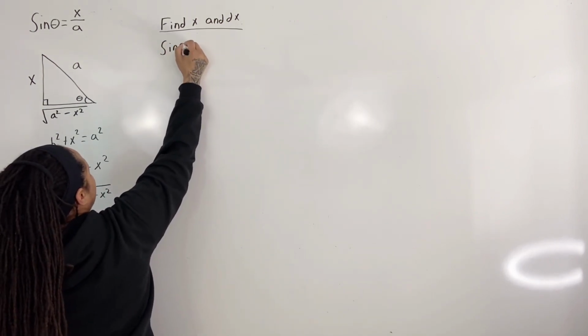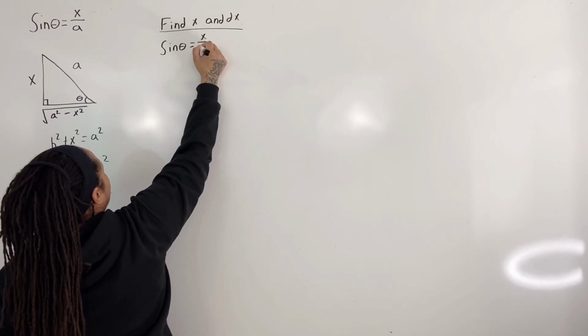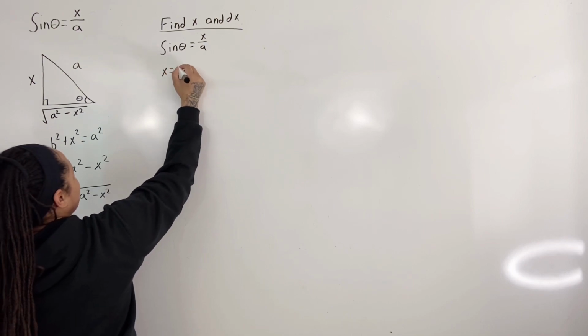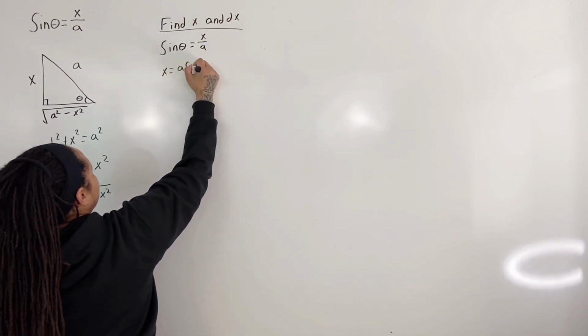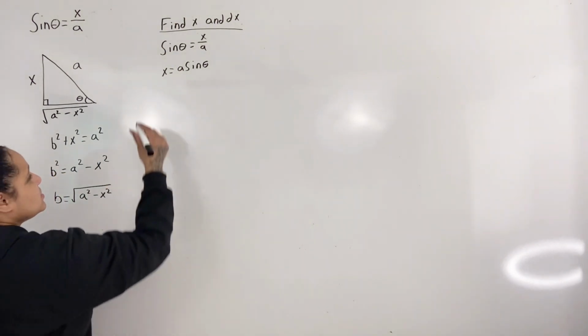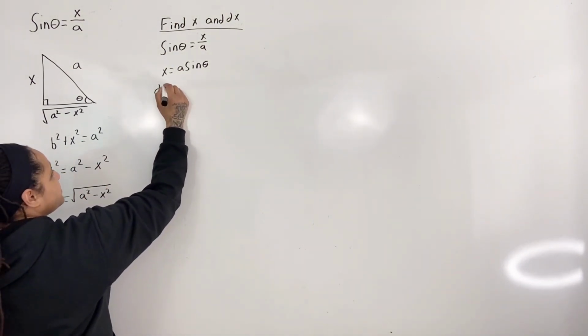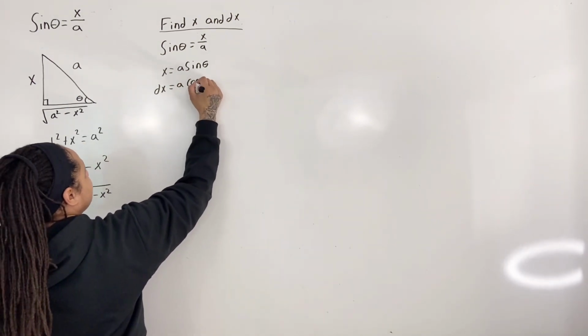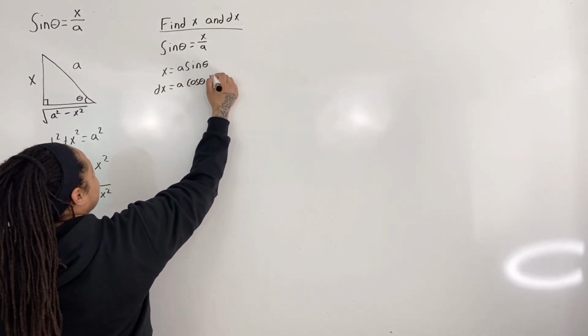Sine of theta is equal to x over a. Solving for x, we get that x is equal to a sine of theta. Next, we find dx. So if I take the derivative, that will be dx is equal to a cosine of theta d theta.